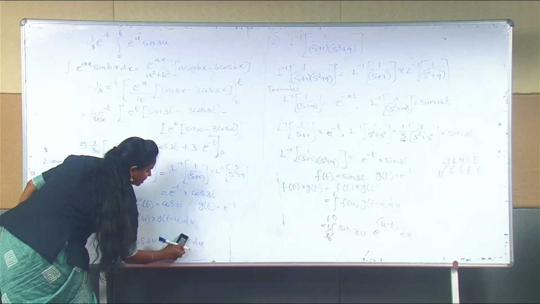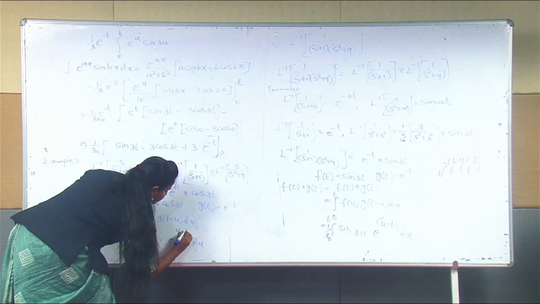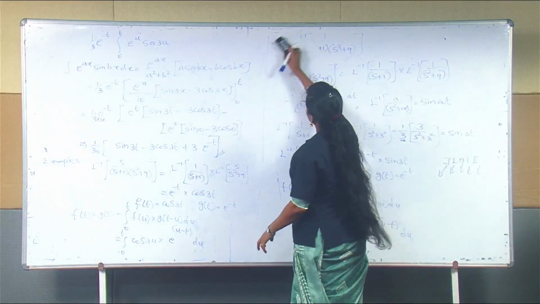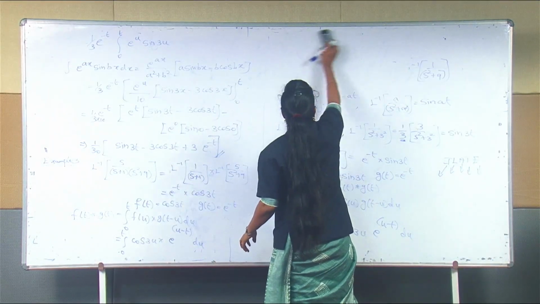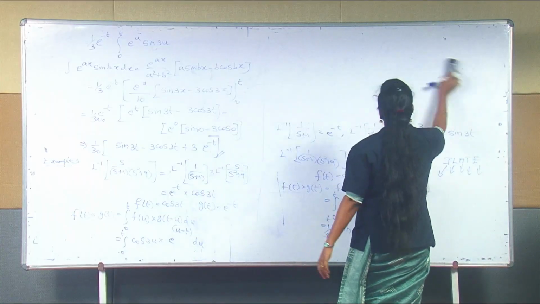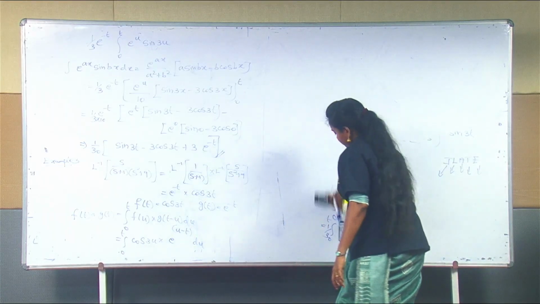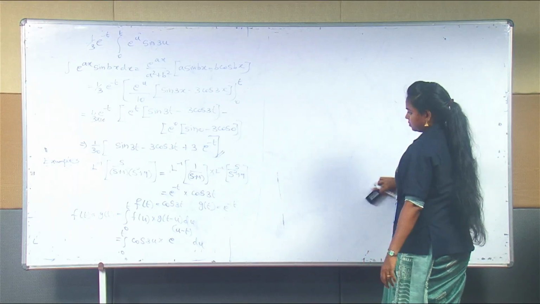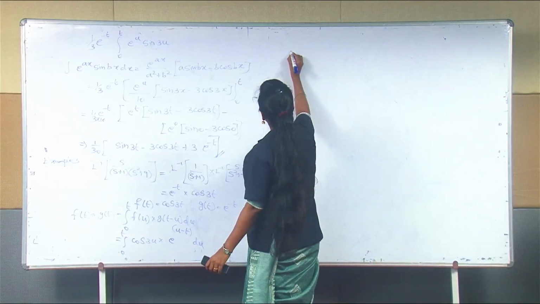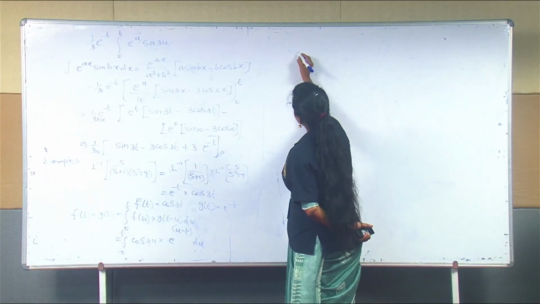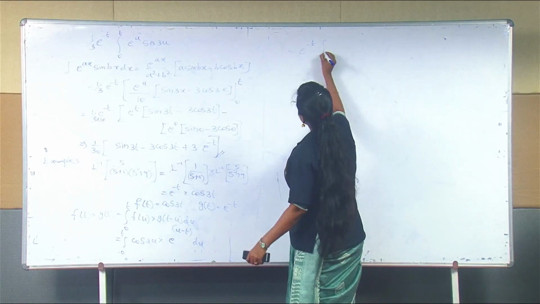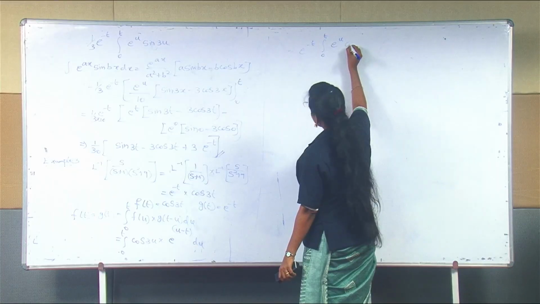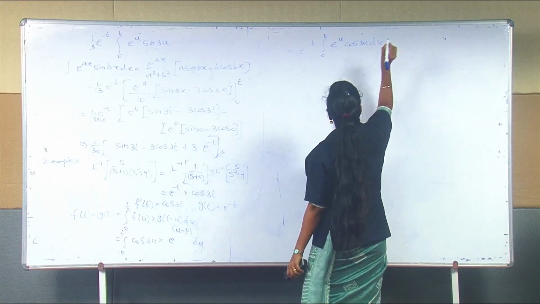So here we can write it as e power u minus t. Same way we are going to proceed. Here, which one is a constant? e power minus t is a constant. Finally, here we have e power u and cos 3u into du.